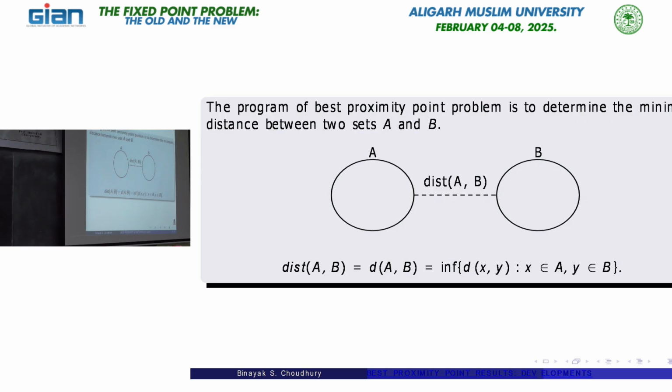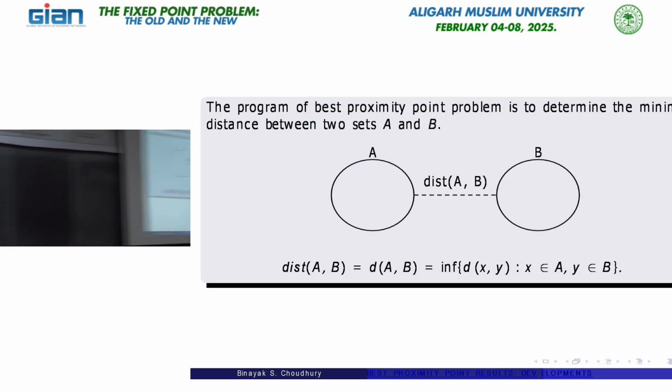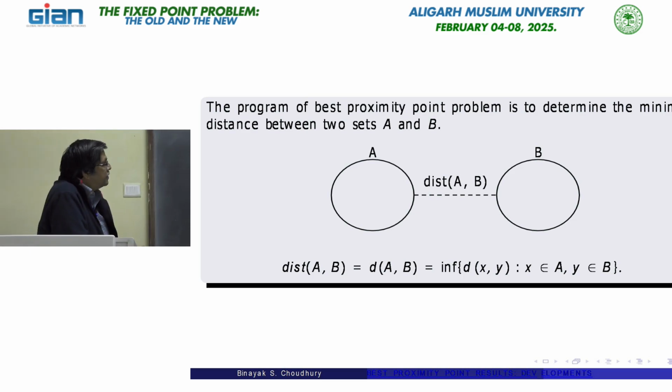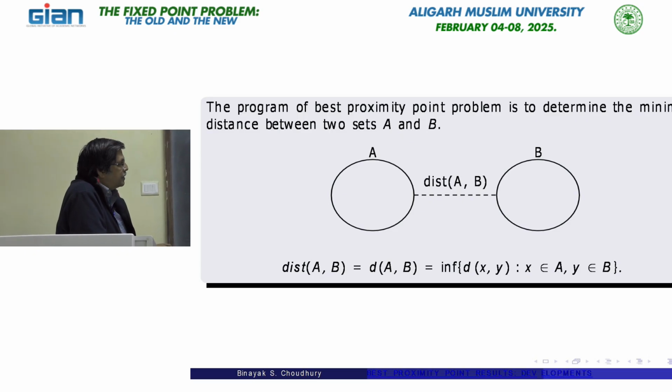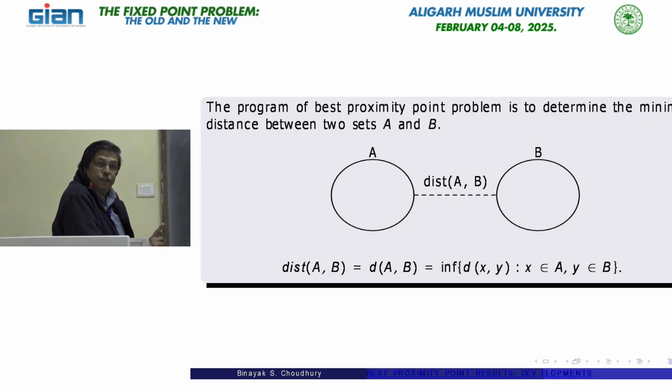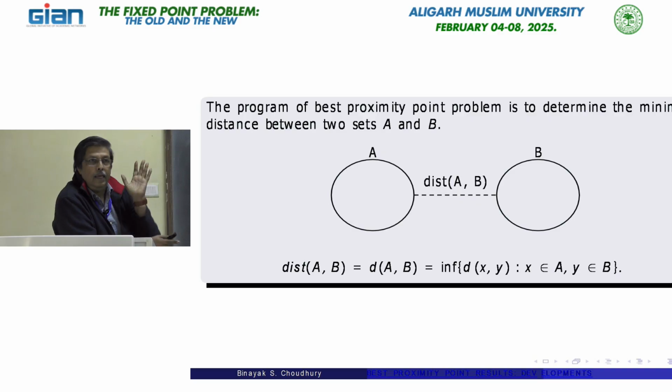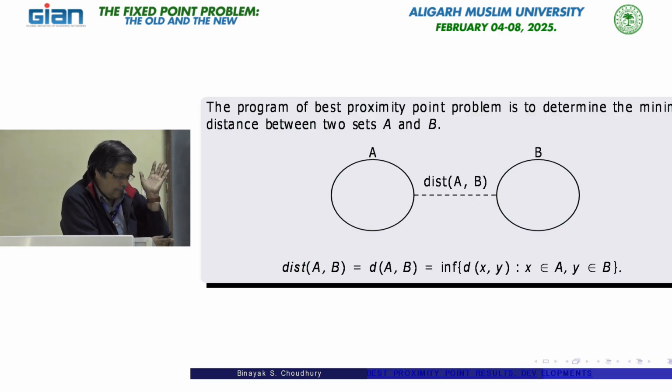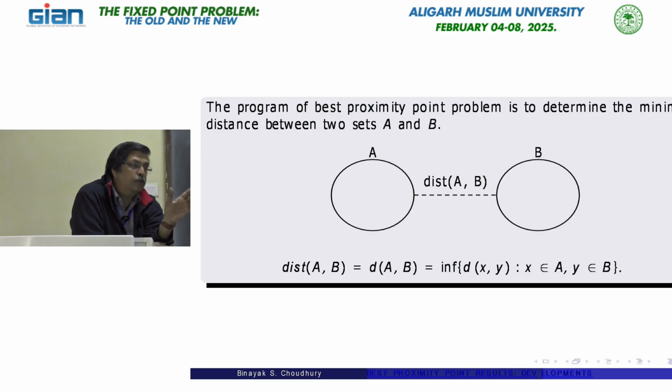So, what is the basic program? The basic program, as you can see, is finding the distance between two given sets. So, be sure that we are speaking of distance. Our implicit assumption is that there must be a concept of distance in the space in which we are going to work.